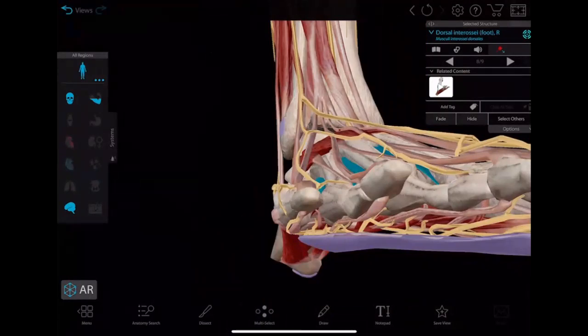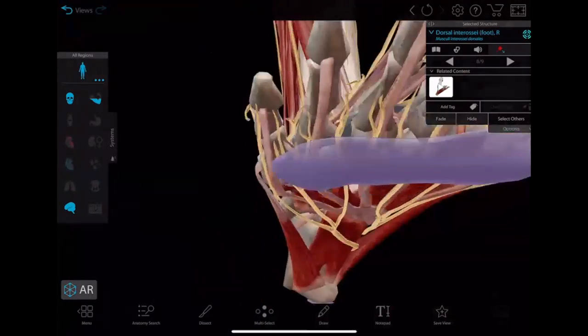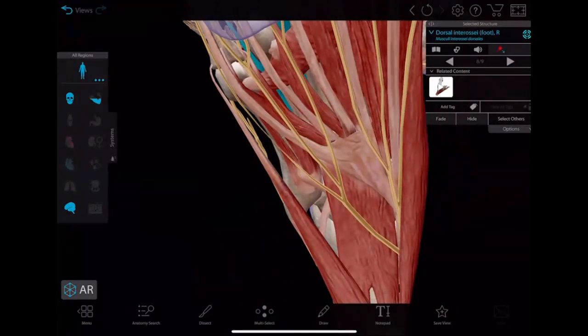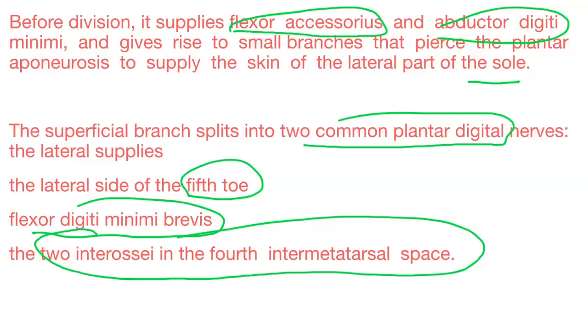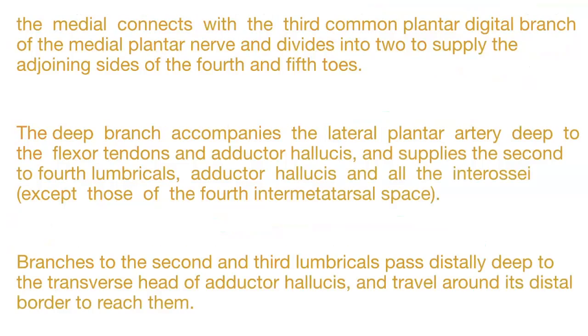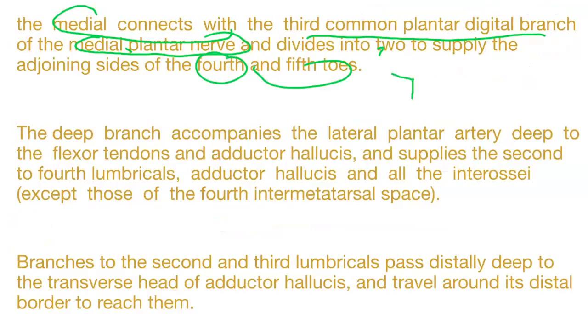It supplies those interossei. The medial one connects with the third common plantar digital branch of the medial plantar nerve, and divides into two to supply the adjoining sides of the fourth and fifth toe. Okay, that means like this.